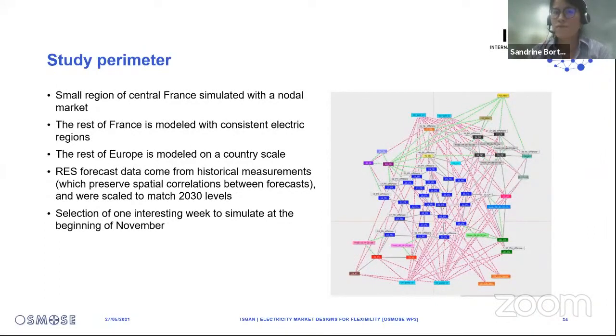In that way, we'll preserve spatial correlations between forecast and also temporal correlation. And in order to have a study in 2030, we scaled all the data with the volumes of 2030. And we also limited the study to one week in order to also limit the amount of data. So we choose one week of November in which we have a lot of wind production.